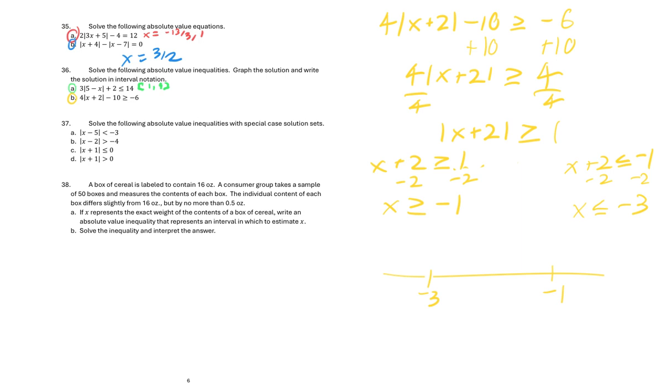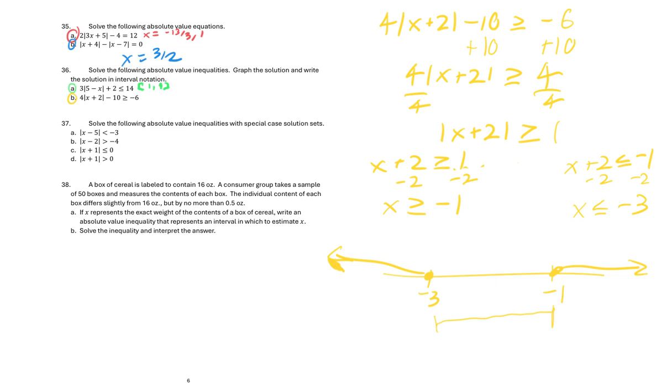So let's start with negative 3. It's going to happen when it's less than negative 3 and equal to. It's going to be anything this way. And then for negative 1, equal to or greater, it's going to be this way. So unlike our previous examples, we're going to have nothing that exists in between those two numbers.